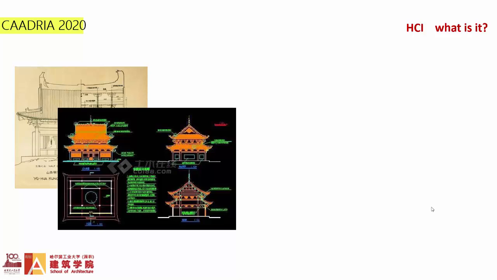So the plans, elevation, and section of a building act as the three primary means in the process of design and presentation.